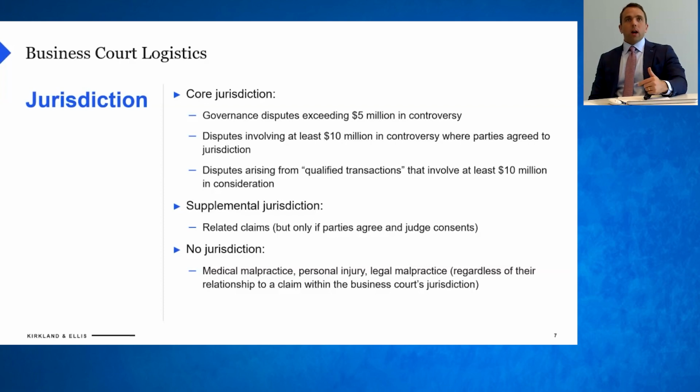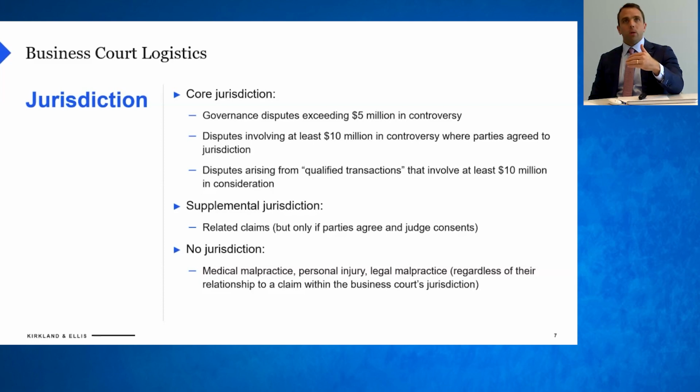The court also will have supplemental jurisdiction over related claims. So where this might come up is if you have a breach of fiduciary duty claim against a corporate director or an officer and it exceeds $5 million, and so you've triggered one of the areas of the court's general areas of jurisdiction.